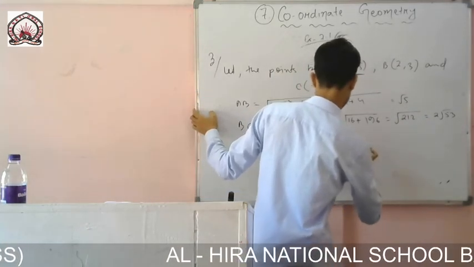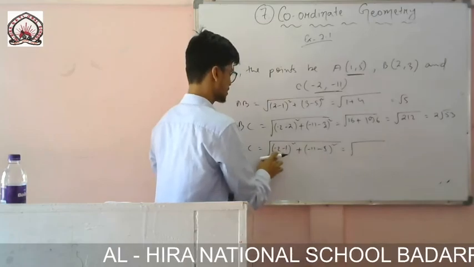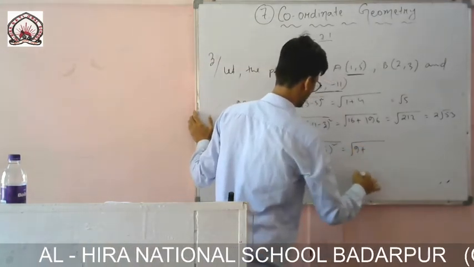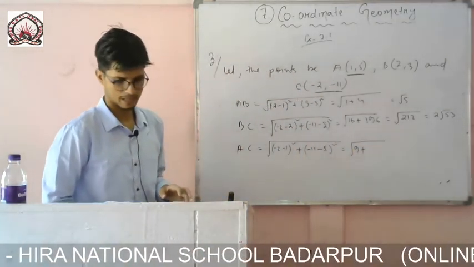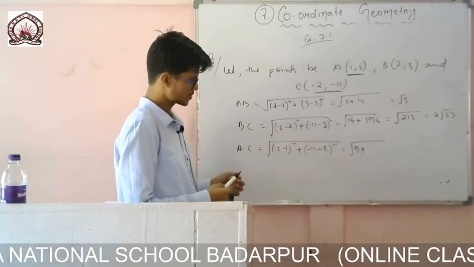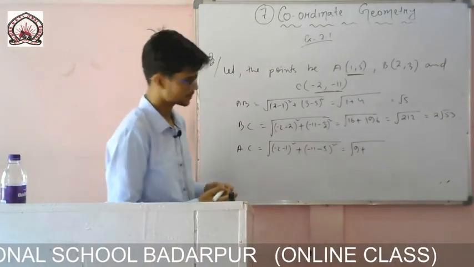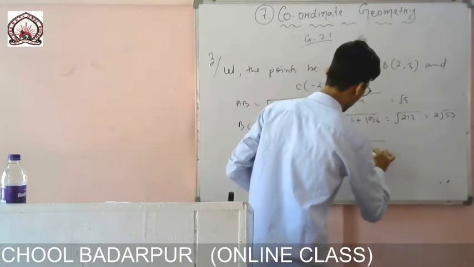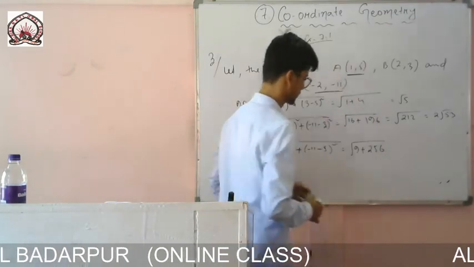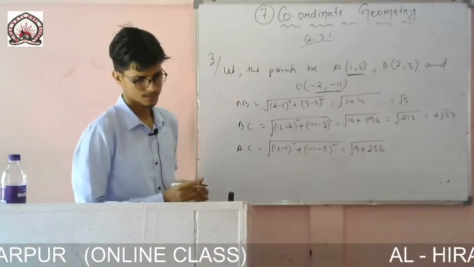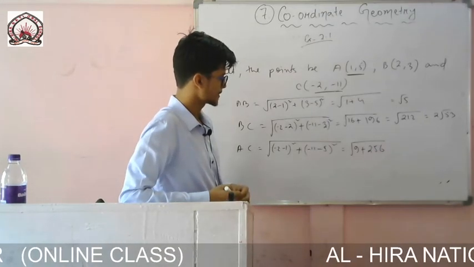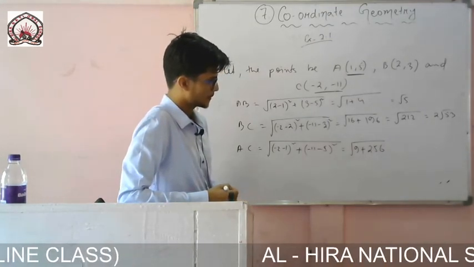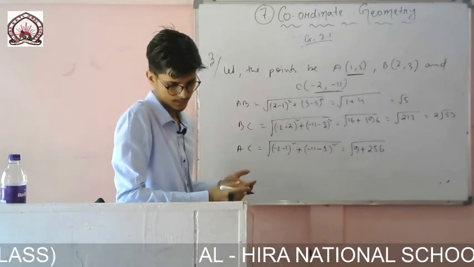So it is minus 3 square, it is 9, plus 11 plus 5, it is 16, and 16 square, it is 256. So 9 plus 256.